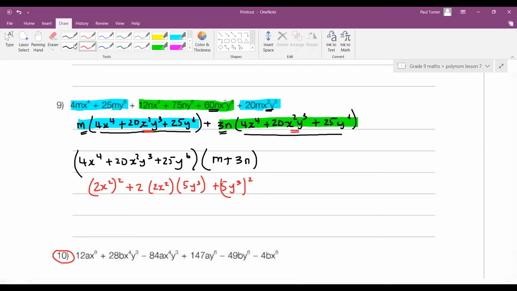I'll keep that in a square bracket. And then you have your m plus 3n on the end there.